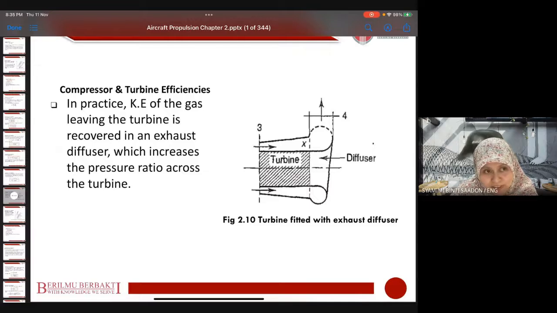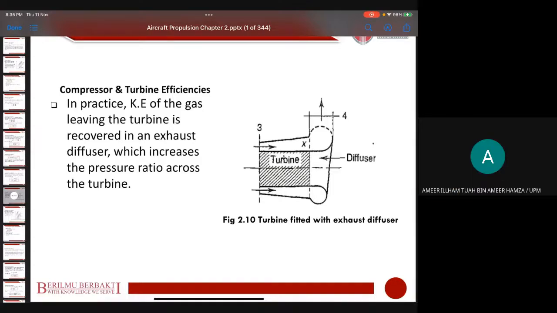Because exiting at the end of the turbine, supposedly the velocity of the gas is high. So maybe that is one of the interests, that's why this diffuser is fitted at the turbine instead of at the compressor.